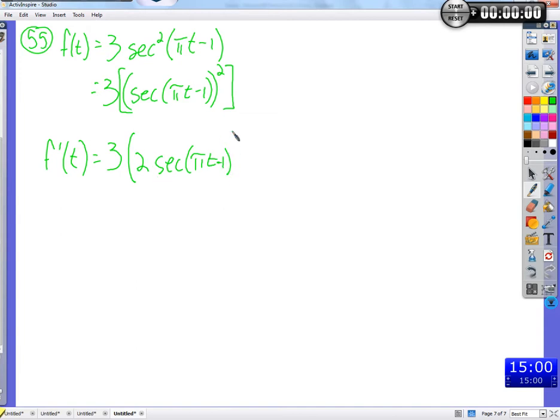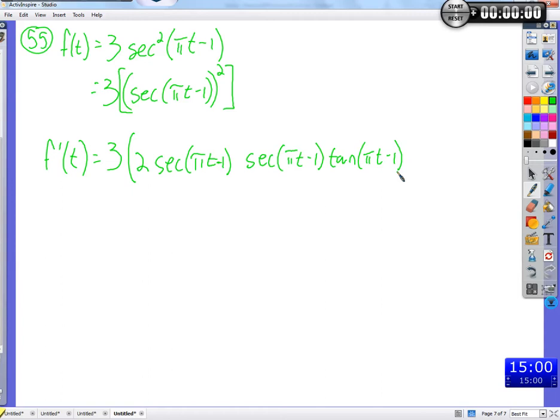We don't need to write that. That's the derivative of the outside. What's inside of the square function? The secant function. How do I take the derivative of the secant function? Secant of that thing times the tangent of that thing.